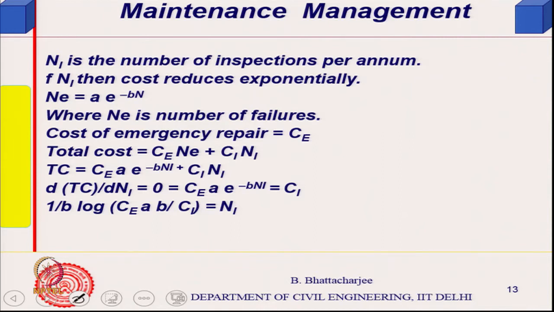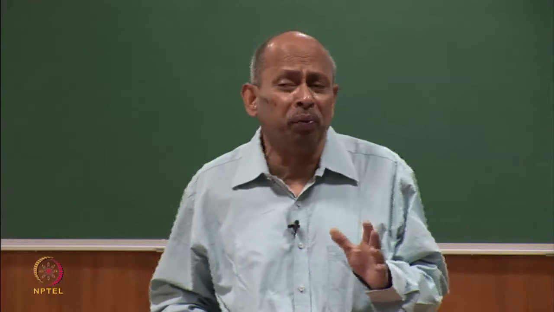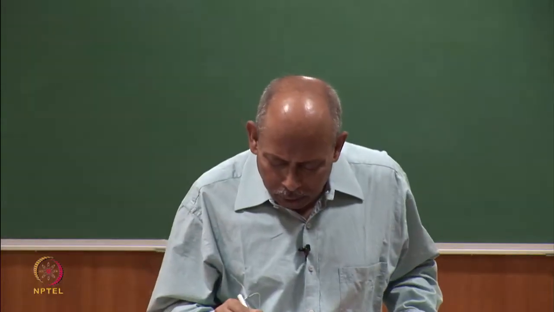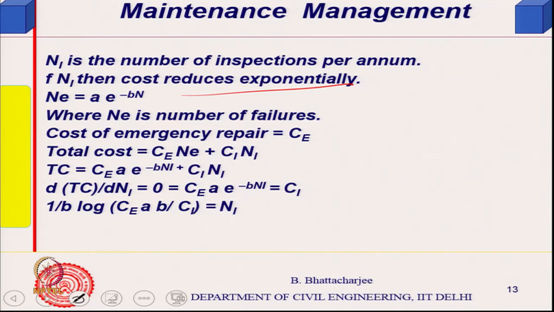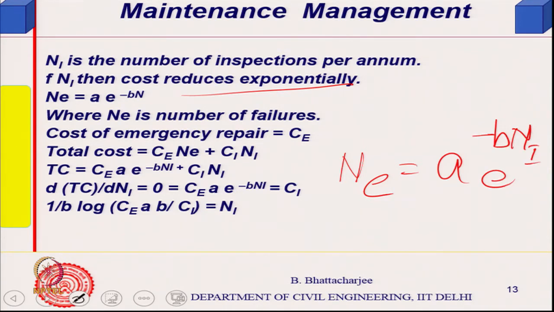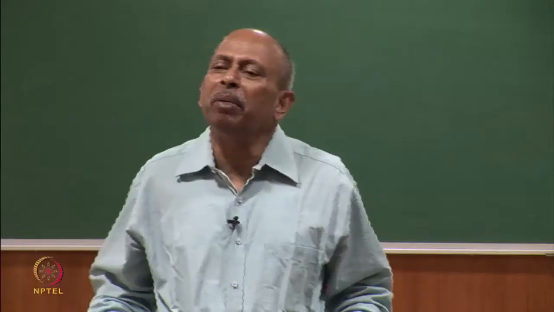I want to find out what should be the number of inspections on certain things. Let us say it is per annum, but it could be per 5 yearly also for some other item. So this cost reduces exponentially. If I increase the number of inspections, Ni, where Ni is the number of inspections, less will be my number of emergency calls.